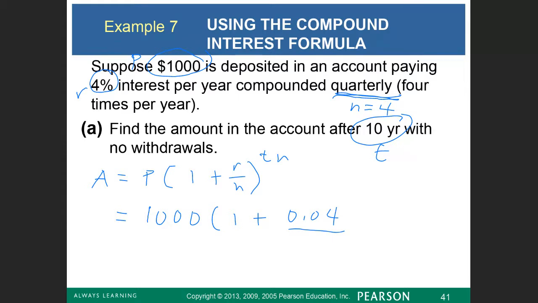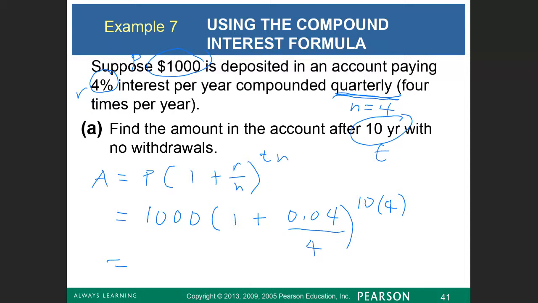So in this case, quarterly means 4. So we have to have 4 here at the bottom. Then raised to the power of our time, which is 10, times our N, which is 4. Okay, so now we can enter this exactly in our calculator.